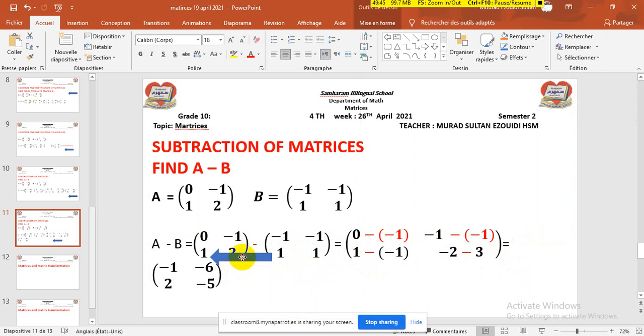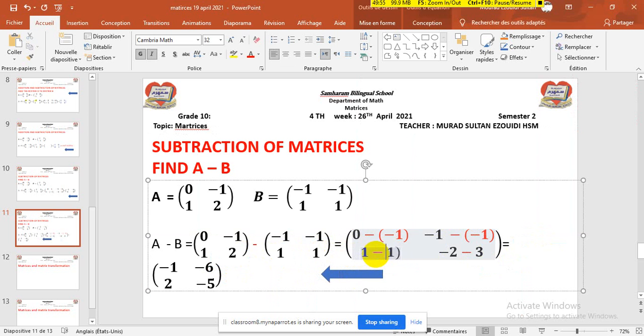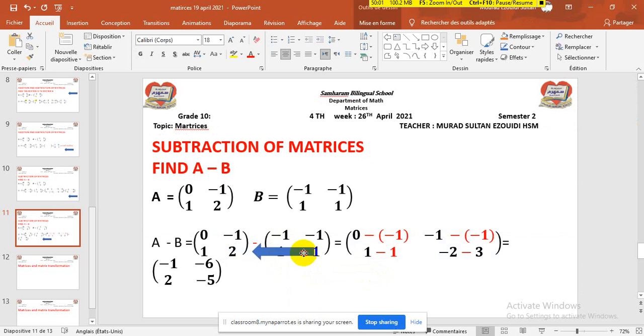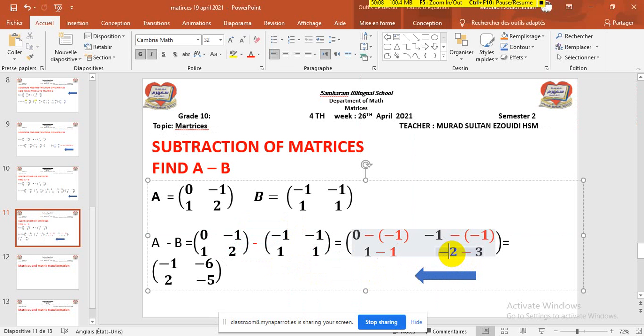We have 1 minus what? Minus 1. So I'll just make here 1 minus 1. Then for the second row, second column it is 2 minus 1. Clear? Now you can calculate it.